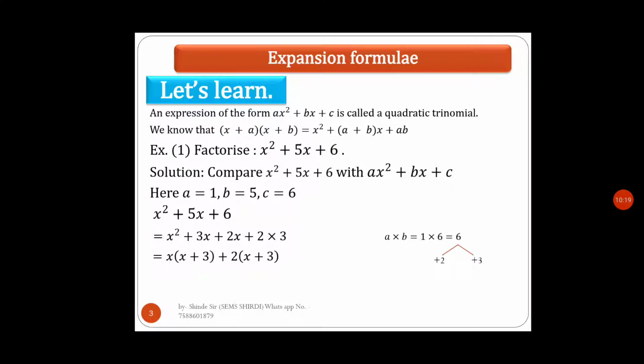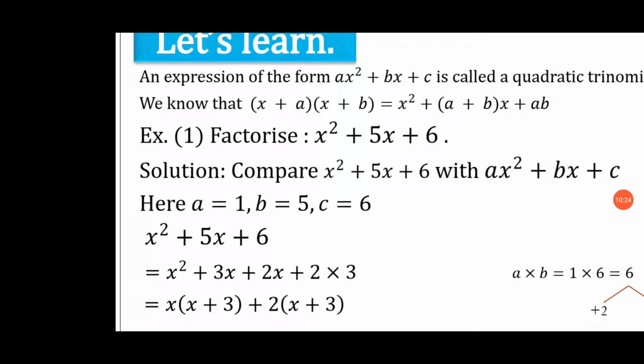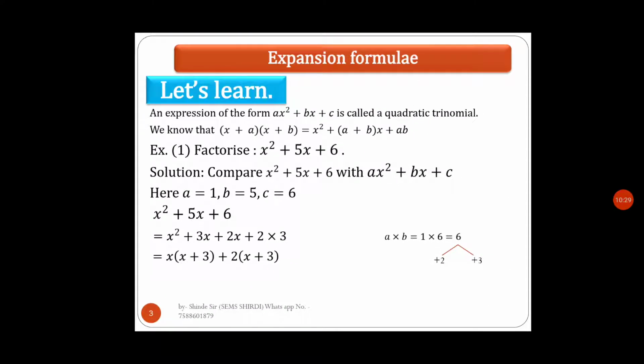Again I repeat the steps. How to factorize x square plus 5x plus 6? First we compare with x square plus bx plus c. After comparing, what do we get? Here a is equal to 1, b is equal to 5, c is equal to 6. Next, we take the product of a and c, which is 6.